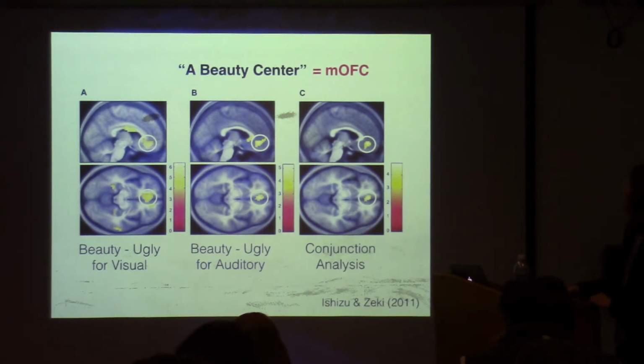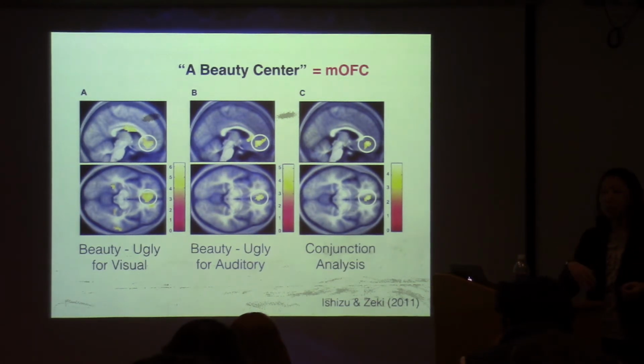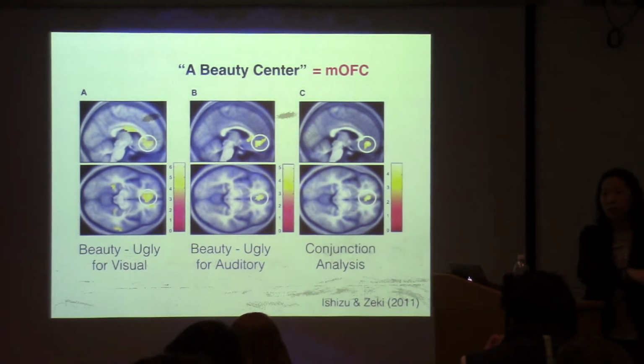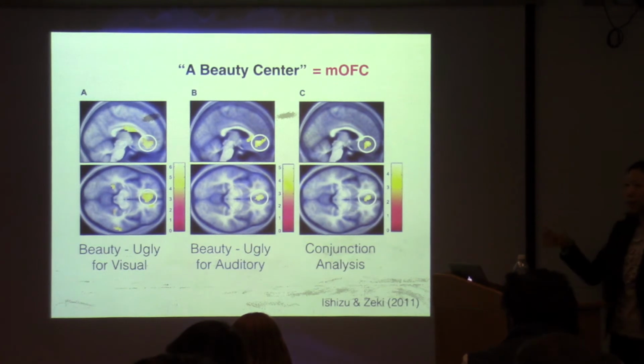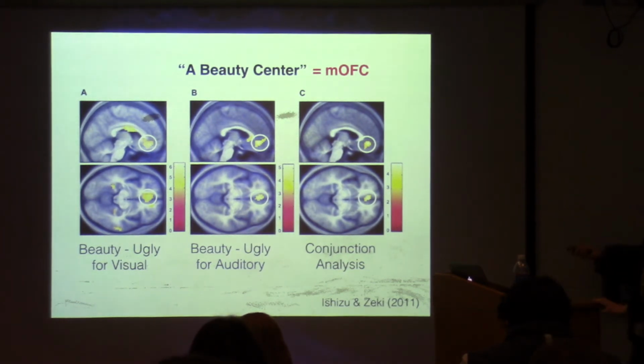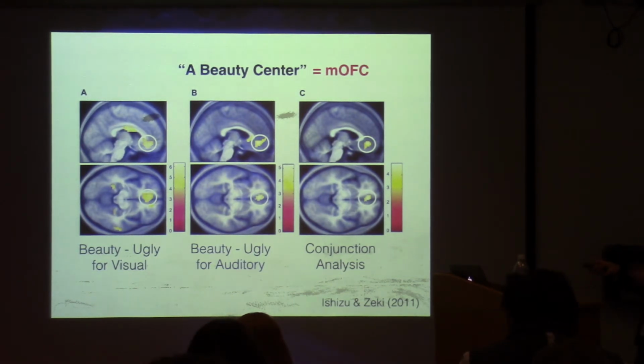What they did is they brought in participants and asked them to rate 10 different images and 10 different sound samples from ugly to beautiful. They compared the brain responses using fMRI corresponding to the beautiful stimulus versus the ugly stimulus, and saw the relative difference between the two, thus identifying the area that only responded when the participant was looking at or hearing a beautiful stimulus.